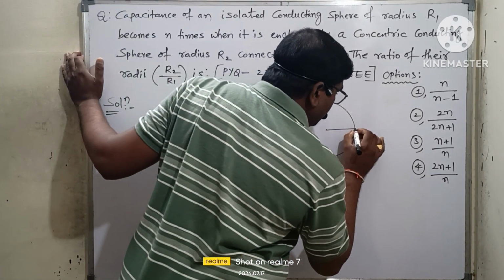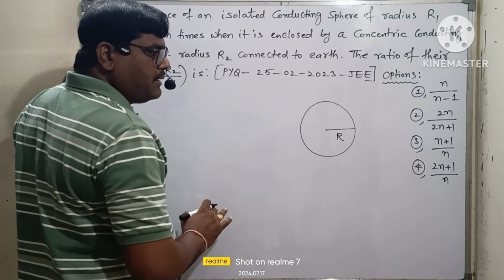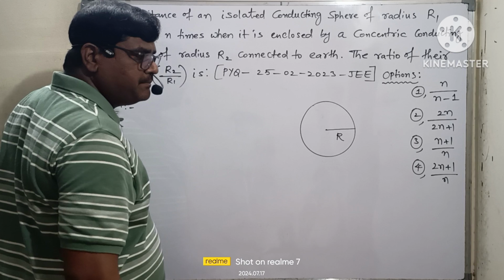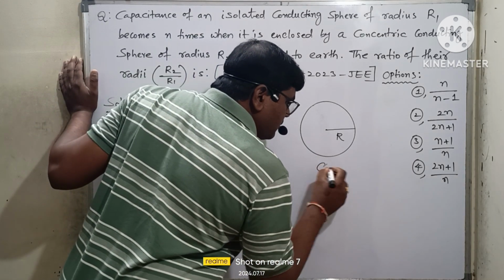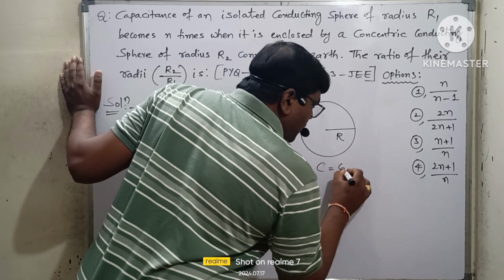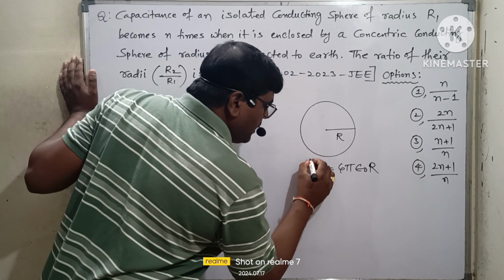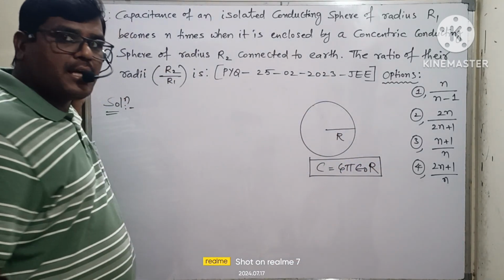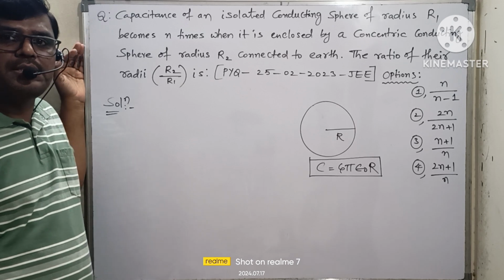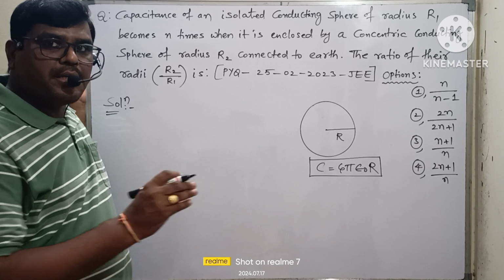Initially, consider one spherical conductor having a radius R. We know that its capacity C is equal to 4 pi epsilon naught into R. This is the capacity of an isolated conductor or isolated capacitor, we can also say. 4 pi epsilon naught into R.